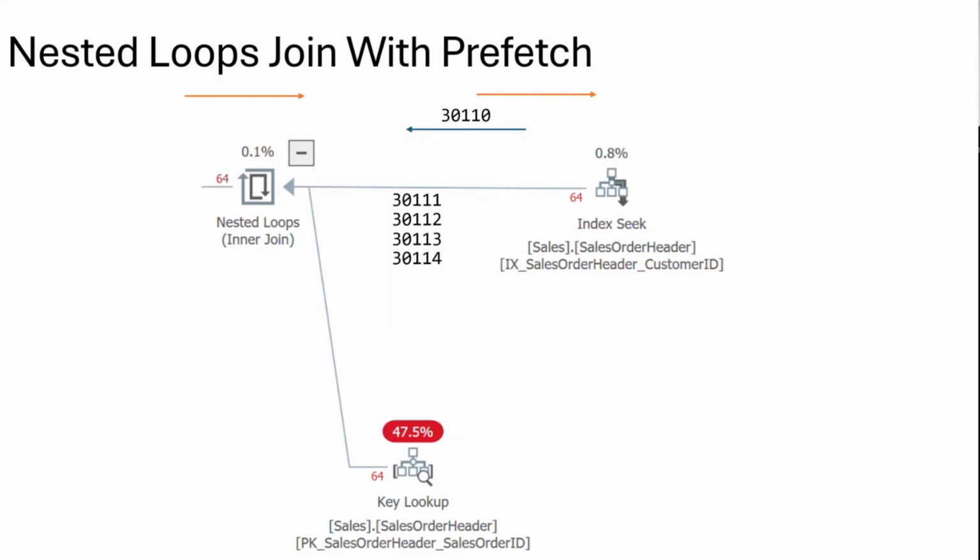However, since the query is executed on the read committed isolation level, SQL Server is constrained to read only committed data. I've already explained this when we were looking at the slide where shared locks are placed on customer IDs on the read committed data. But because SQL Server needs to read only committed data, shared locks must be applied to the rows while they're prefetched and placed into memory.